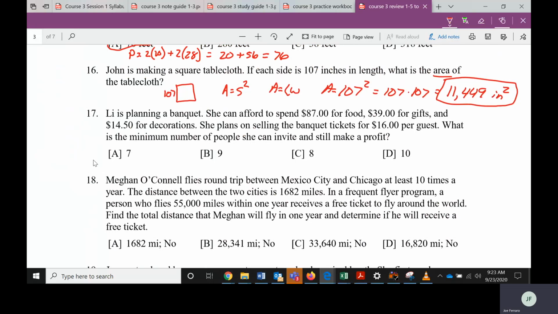Now, there might be formula ways of doing this and stuff, but let's just do the problem and figure it out. Okay, so it's going to cost her 87 plus 39 plus 1450. So you take your calculator, 87 plus 39 plus 1450.